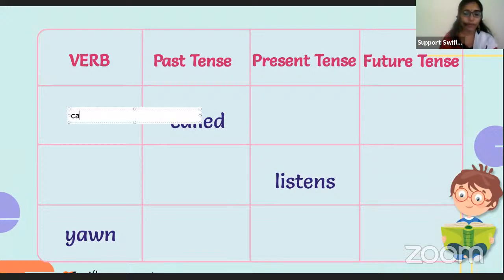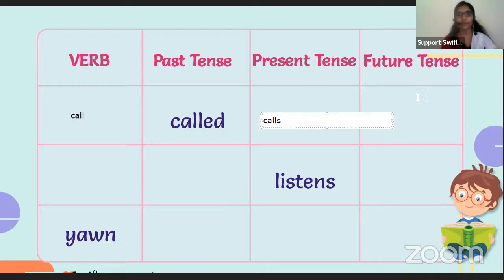The verb can be call. So in the past tense, they have added ed: called. And what will be in the present? Either call or calls. And in the future, it will become what? Will call.